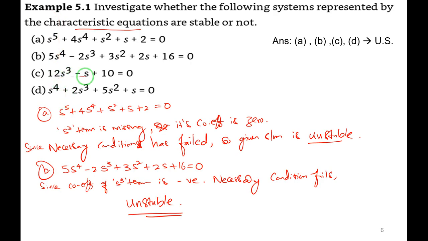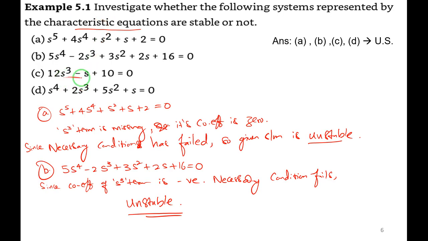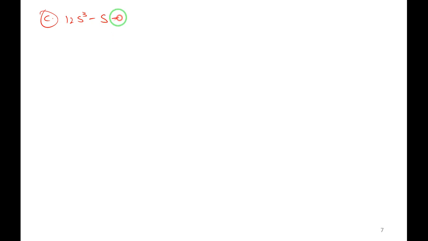12s cube minus s plus 10. Observe, the s square term is missing. This is one thing. Then what is happening once again?